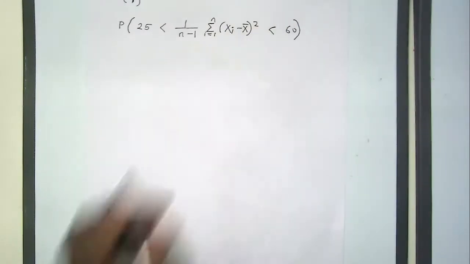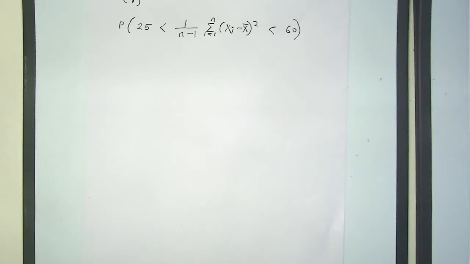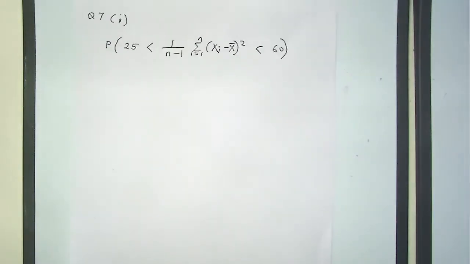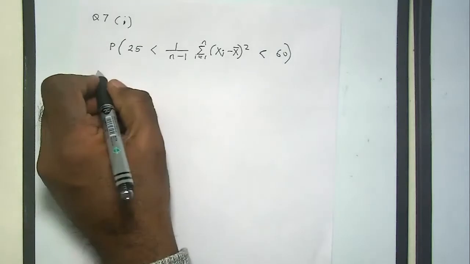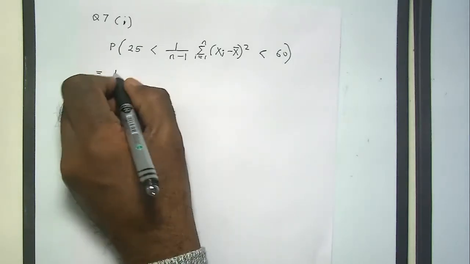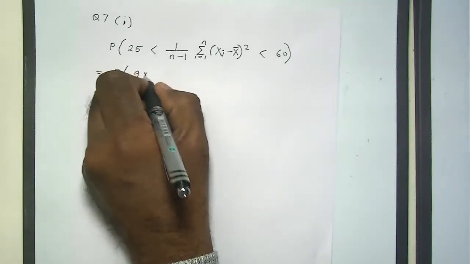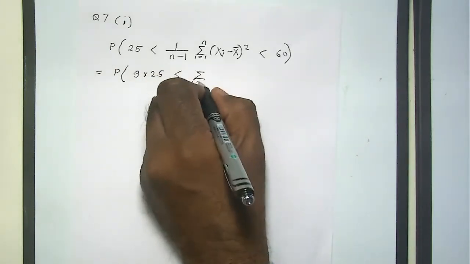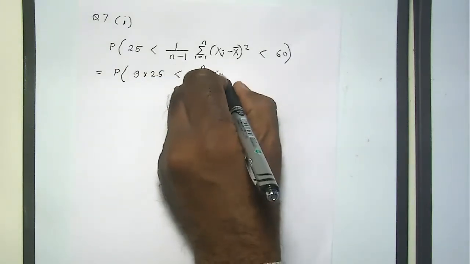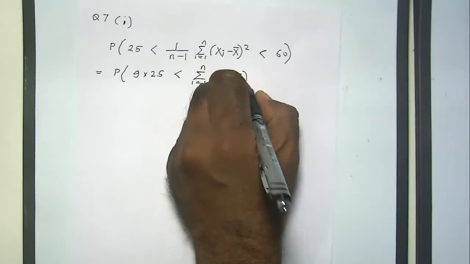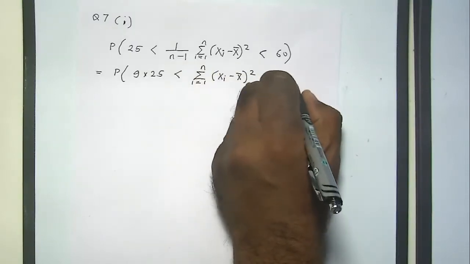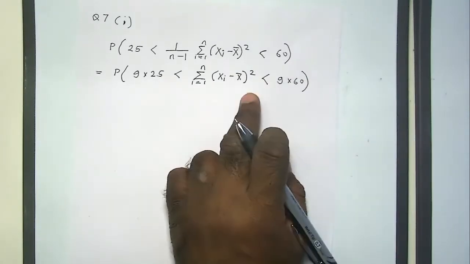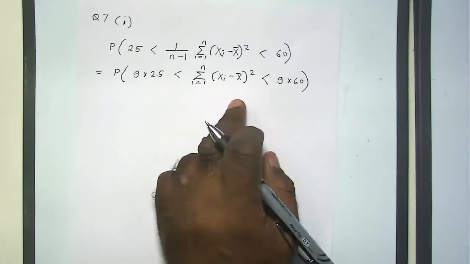Now, in this question, n is what? n is the sample size, which is 10. So 10 minus 1 is 9. So you can write this as 9 times 25. You see what I've done? I have multiplied by 9 across the inequalities.